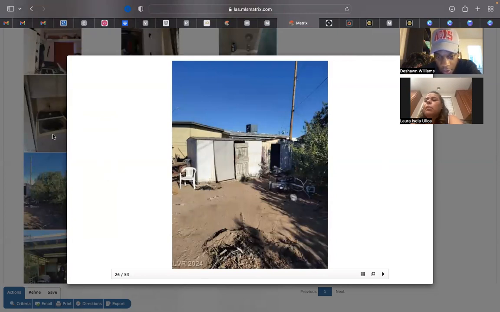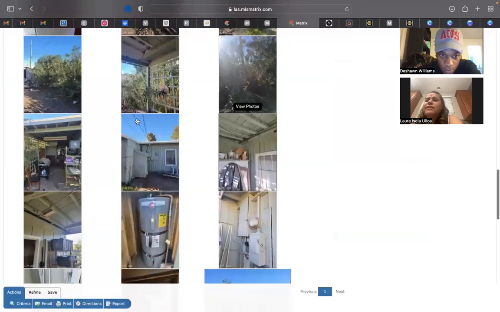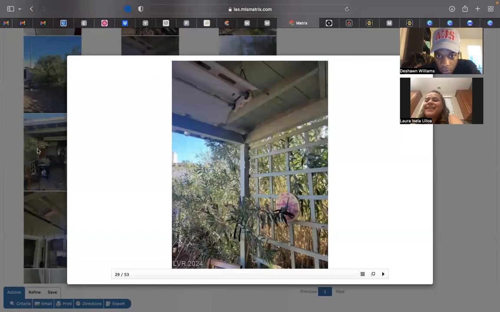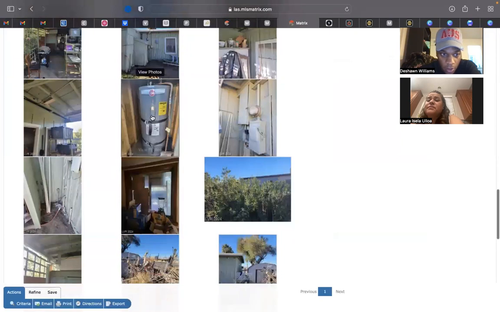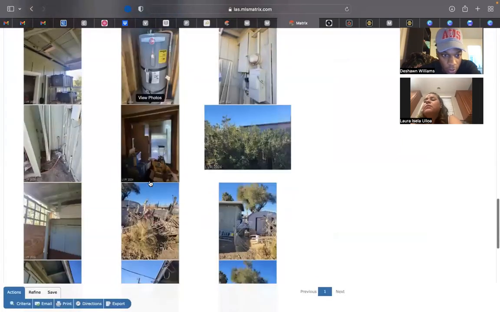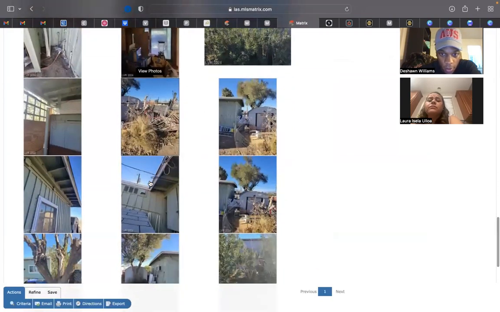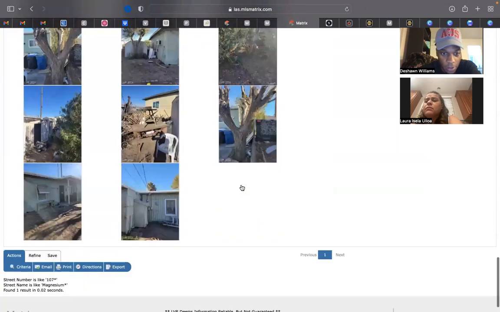Some kind of shed, some dirt, rusty looking patio. Okay. Hey, water heater's newer. That probably went out on them. So just kind of getting an idea of what's going on, what the scenario is.